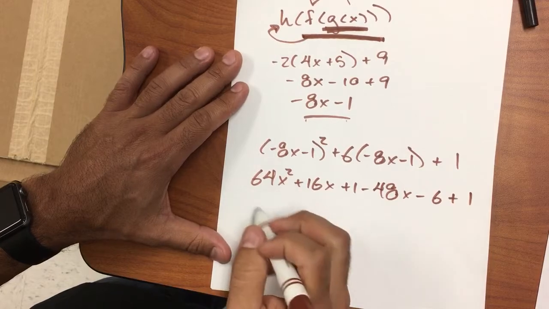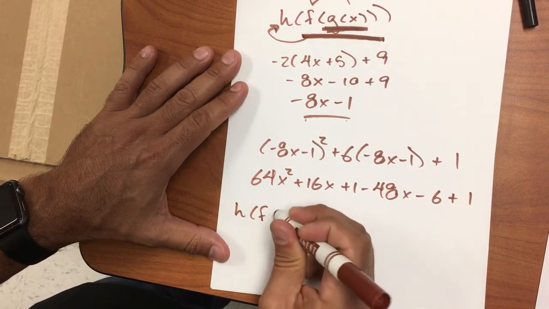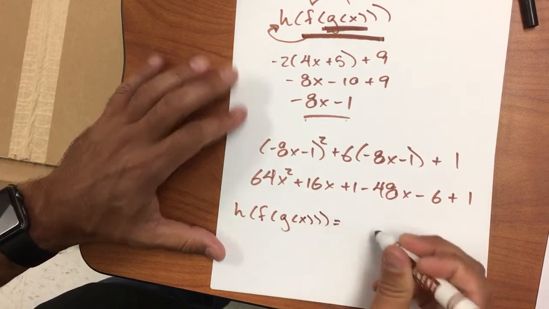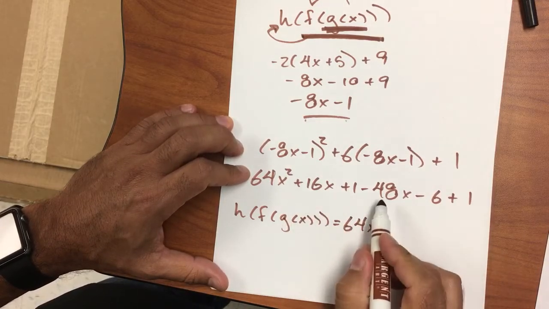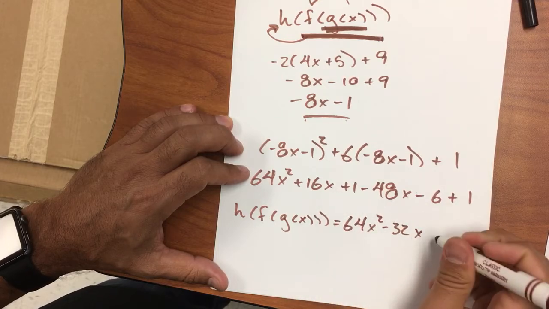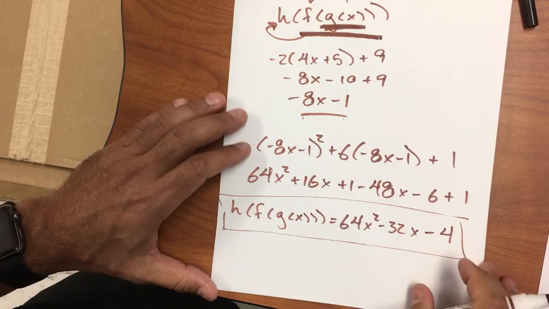I'm going to combine like terms, but that's going to be my last step. So I'm going to put h of f of g of x equals 64x squared minus 32x minus 4. And that's what I'm trying to do on these composite functions.